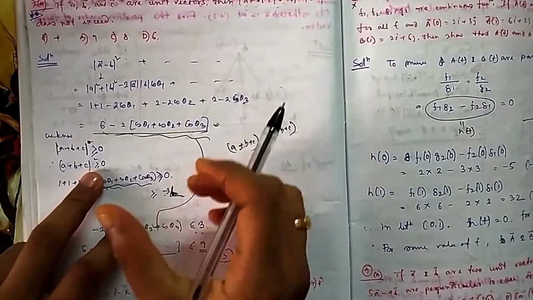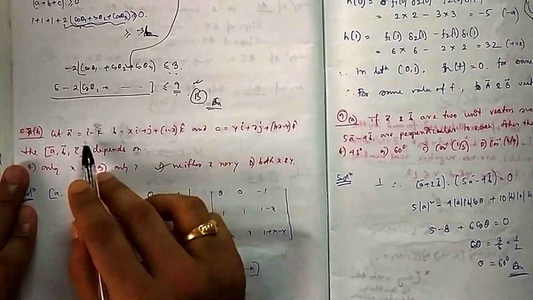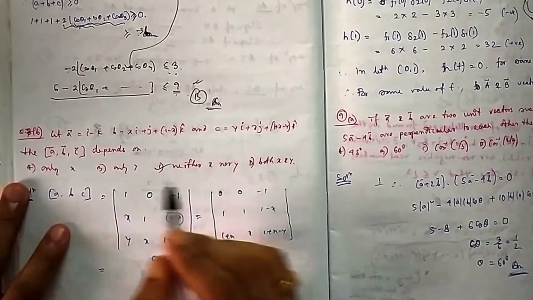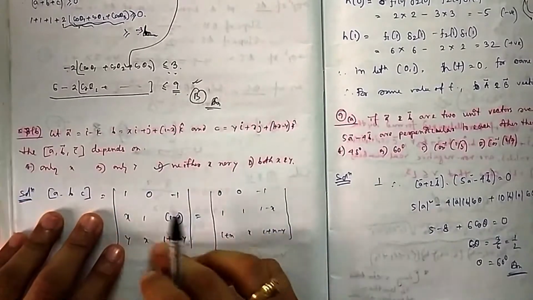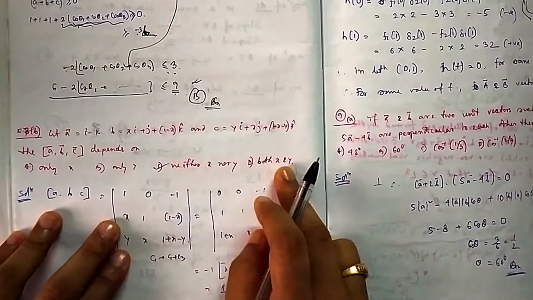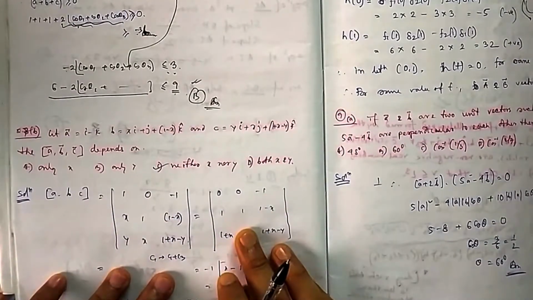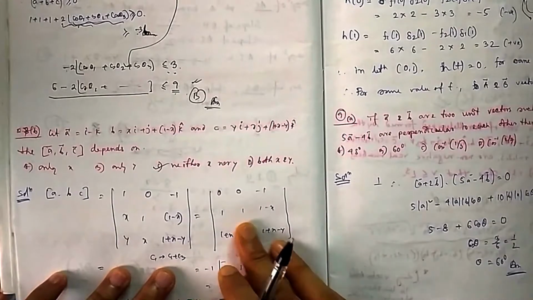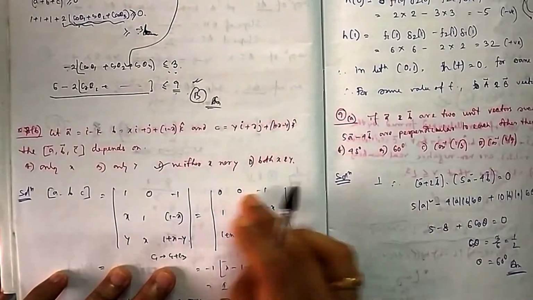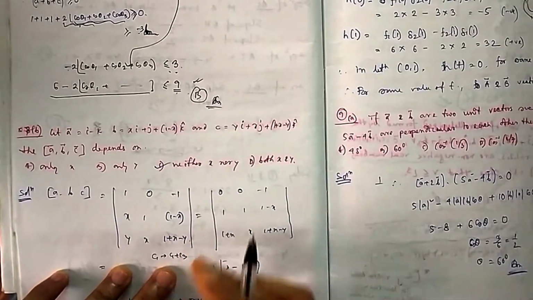Once you are stuck here, you think how to introduce ABC. To introduce ABC, one equation we take is a plus b plus c. Now if you come to 7b, if a is given, b is given, c is given, then box ABC depends on something. So you will find box ABC and see the expression on which it is depending. Once you write this, I have used a shortcut in the determinant. Those who have studied this know that to make one row completely 0 makes it easy to open, so you can apply row transformations.